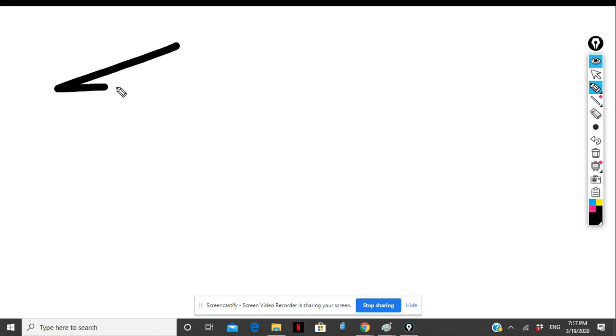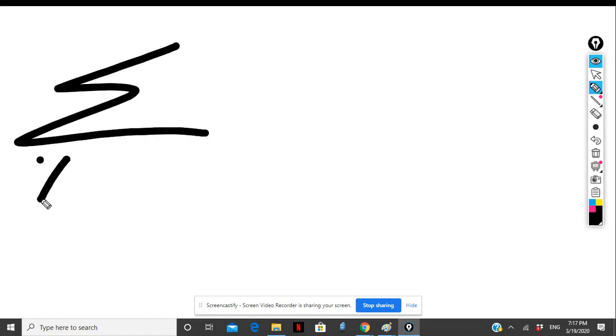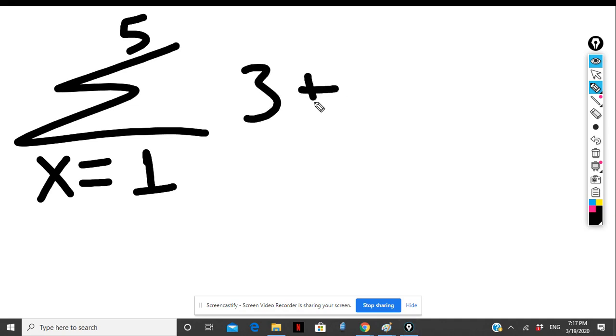So here, for example, sigma notation, x equal to 1, and on the top you're going to have, for example, 5, and here I'm going to have, for example, 2x plus 3. So what does it mean?